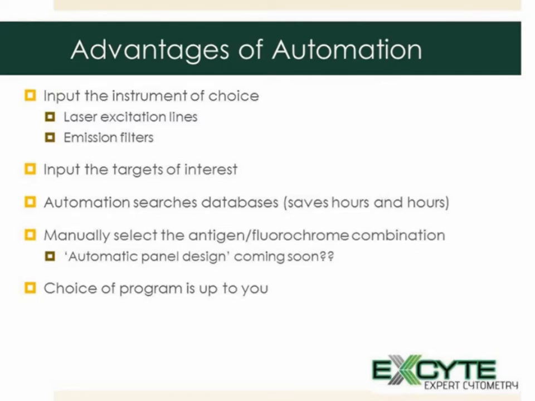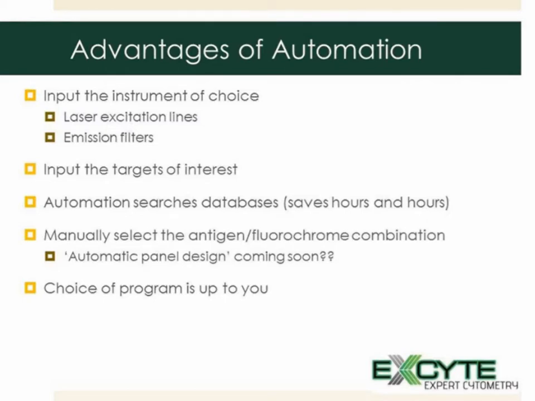This is not only the target species you're working with, human, mouse, rat, etc., but the specific antibodies you're interested in. At that point, it searches those databases. It searches all the databases that each program has available and then provides you with the list of fluorochrome antibody combinations that will work on your machine, answering the question you want.